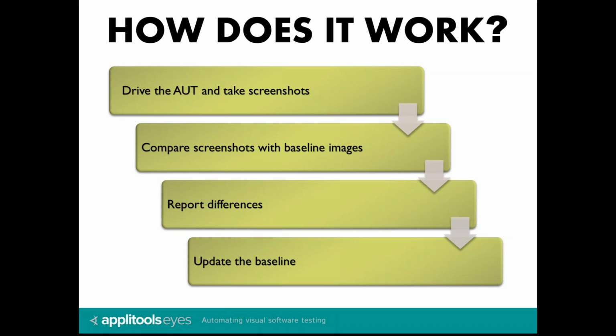In the second step, the tool takes those screenshots and compares them with baseline images. Baseline images define the expected appearance of the application. These could be images that were taken in the past and approved previously by a human tester that saw them and approved them, or they could be screenshots that were taken simultaneously with the screenshots that are to be validated only from a trusted execution environment.